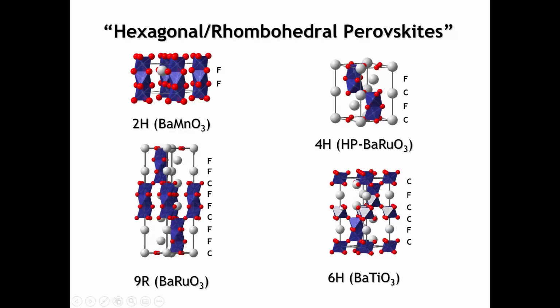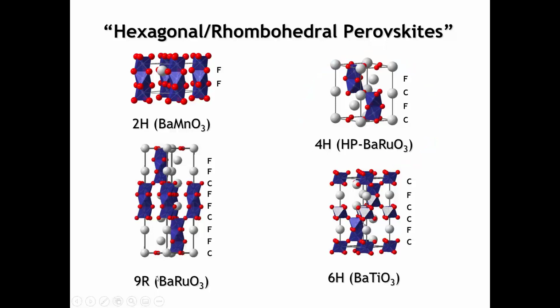Then there are these other structures which actually have a mixture of cubic and hexagonal close packing. Because of that, we can get both corner-connected octahedra and face-sharing octahedra. In the 4H structure, there are 4 layers before it repeats, and we get dimers of face-sharing octahedra that share corners.